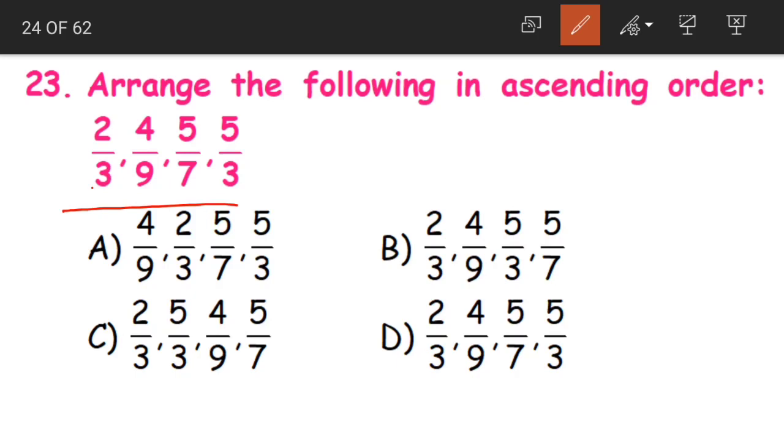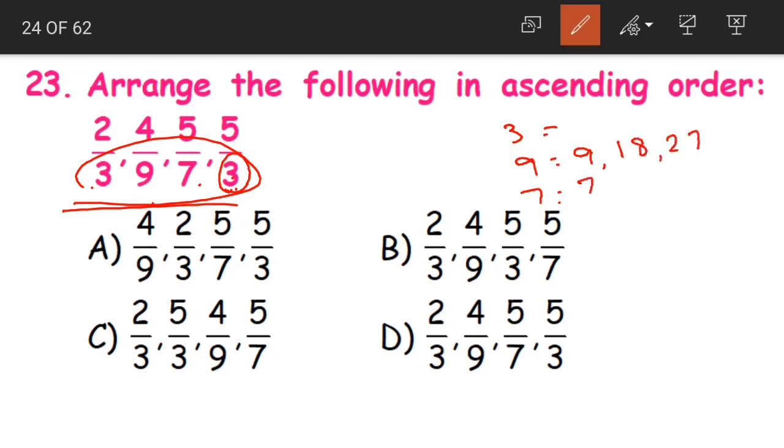So now to compare, here again the denominators are different, so we need to find out the LCM of the given denominators: 3, 9 and 7. 3 is repeated, so I'll keep it as it is. We have 9 1s are 9, 9 2s are 18, 9 3s are 27. 7 1s are 7, 7 2s are 14, 7 3s are 21, 7 4s are 28, 35, 42, 49, 56, 63.